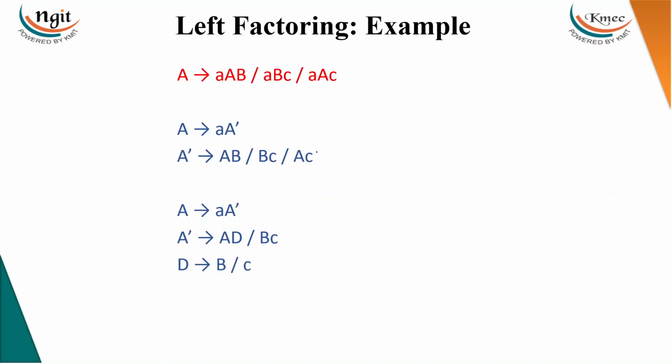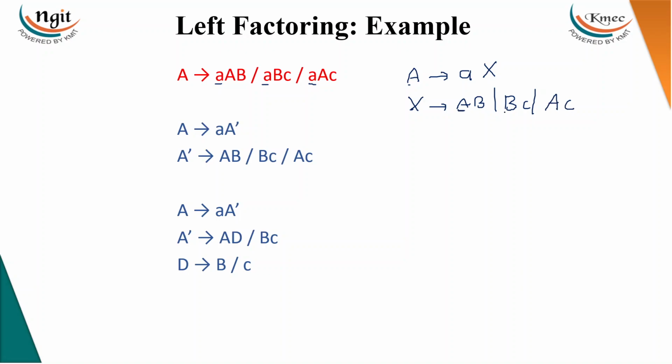Same way, you can take this example here: A, A, B, C. What is the common part? A. So for the uncommon part, you can take a new non-terminal, right? But you have to ensure that if it is common in one production or more than one, see guys, you can take first A, no problem, not an issue. Let me write it. A tends to A X, A dash or X, whatever it is. X tends to, you can write AB or BC or AC.